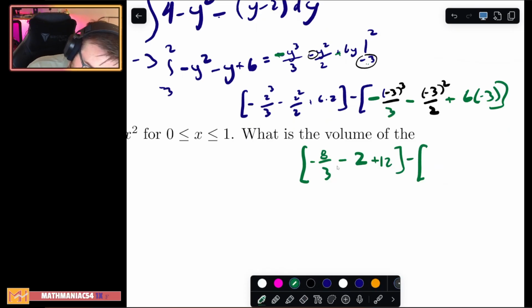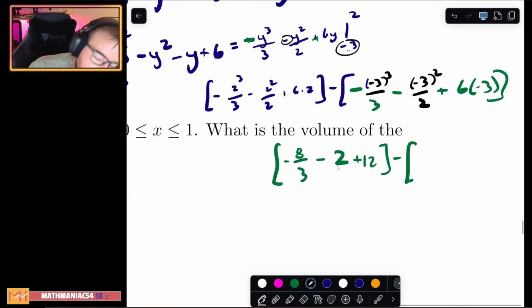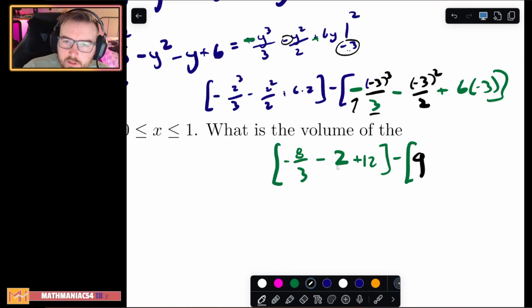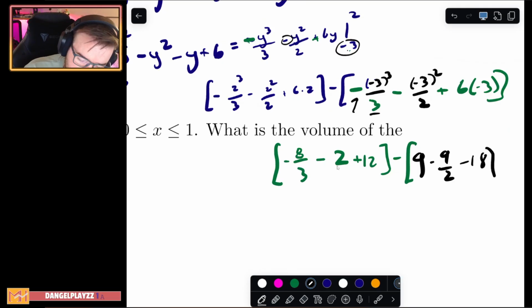My bad. -3 cubed is -27. Divided by the 3 is a -9, but there's a negative out in front, making it a +9. -3 squared is 9. Divided by 2 is 9/2, but it's minus, so -9/2. And 6 times -3 is -18.